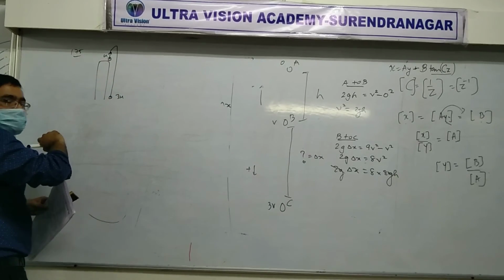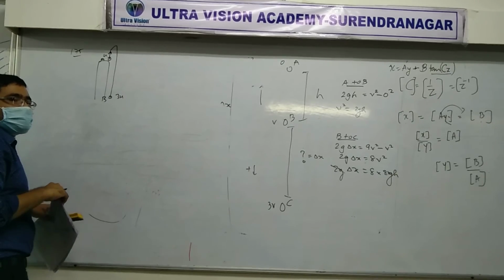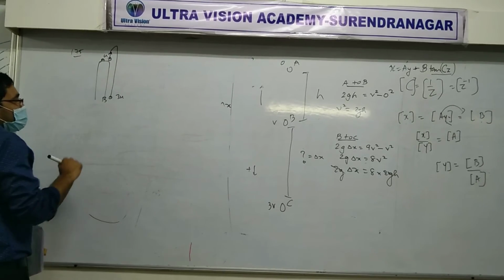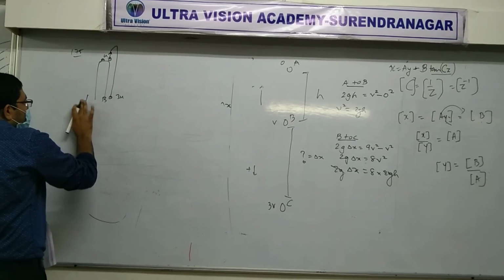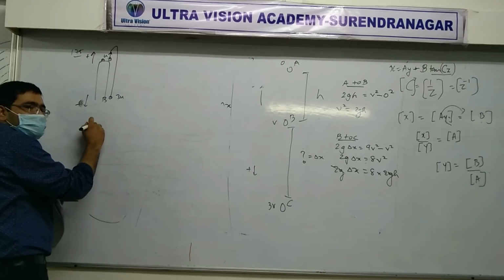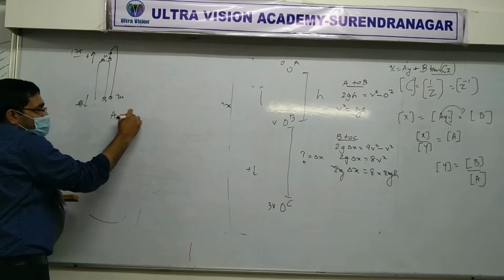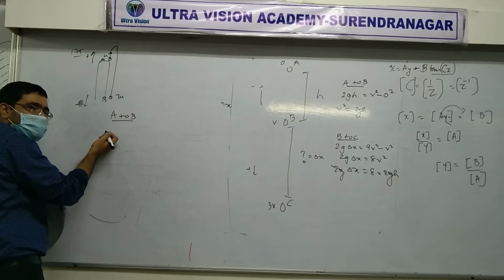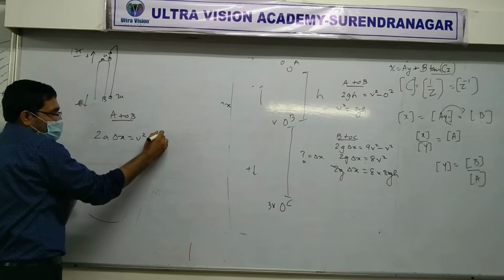This is the initial point, this is the final point. We have to find height of the tower. So delta x, correct or not? Which equation is suitable? Downward negative, upward positive. Initial velocity given, final velocity given, a to b. Correct? Which equation is suitable? Third one. 2a delta x equal to v squared minus u squared. Put all values, get the answer.